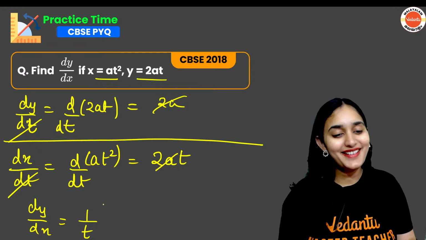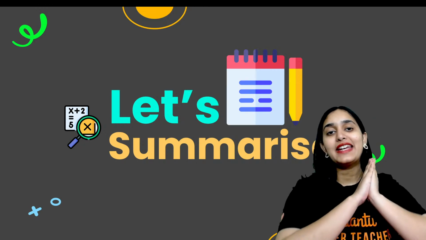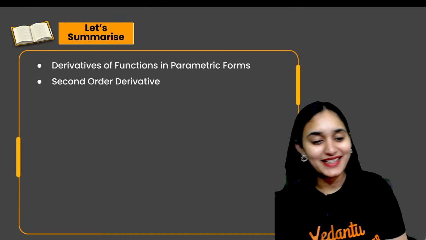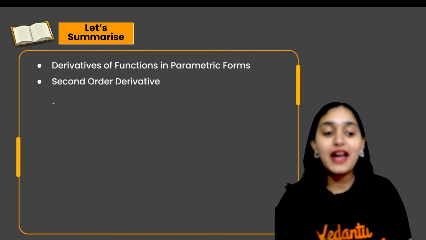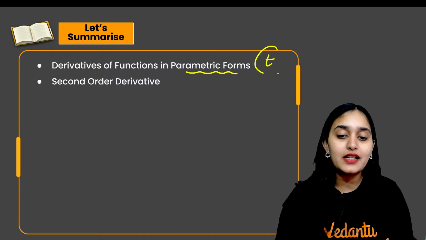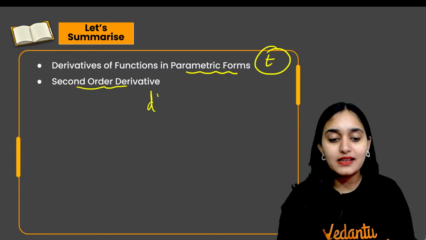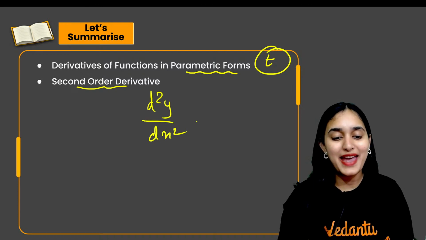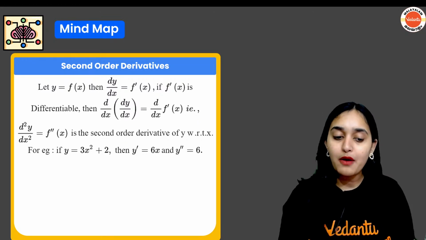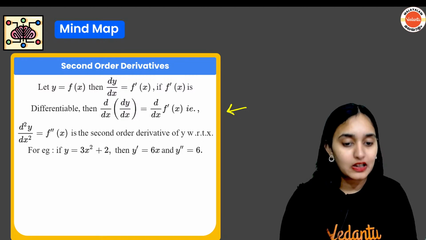That's your answer. Simple. Alright guys, so we have finally completed the chapter of continuity and differentiability. Today we have learned about finding derivatives of functions which are in parametric form, that is written in terms of some other variable, and second order derivative, that is d square y by dx square. Alright, here is the mind map for you to remember how we find the second order derivative of any function.